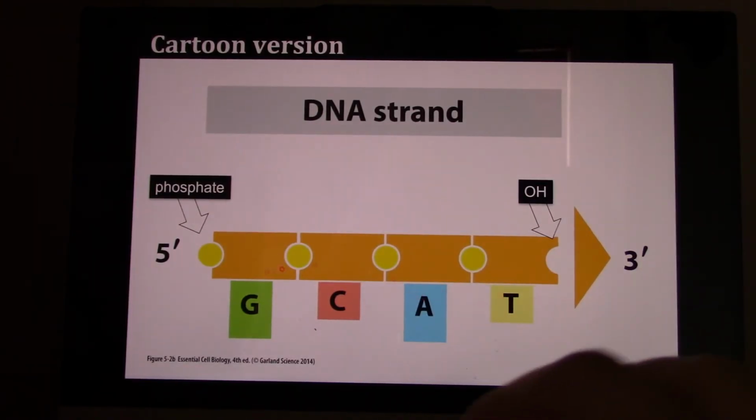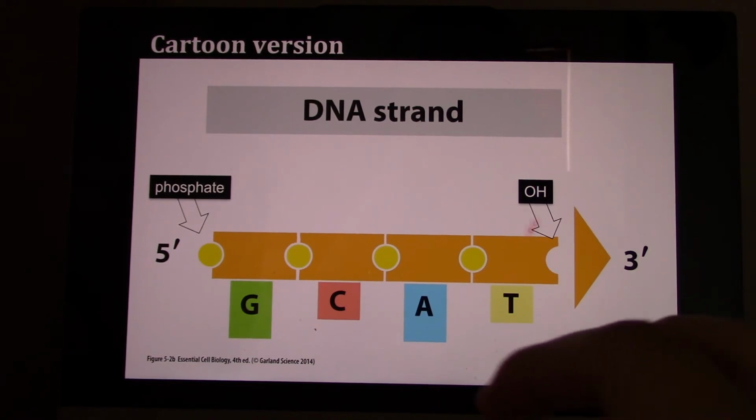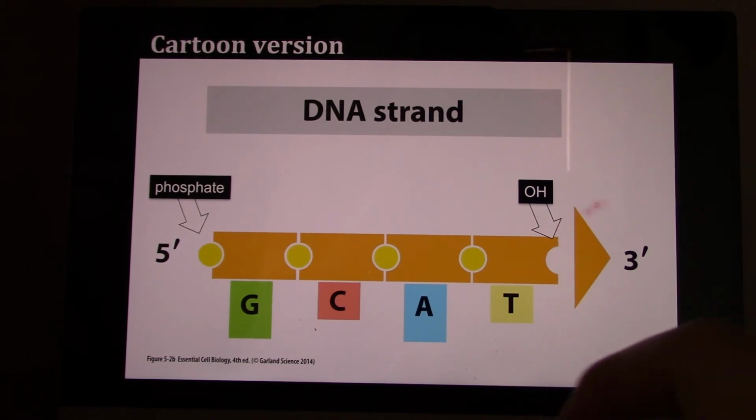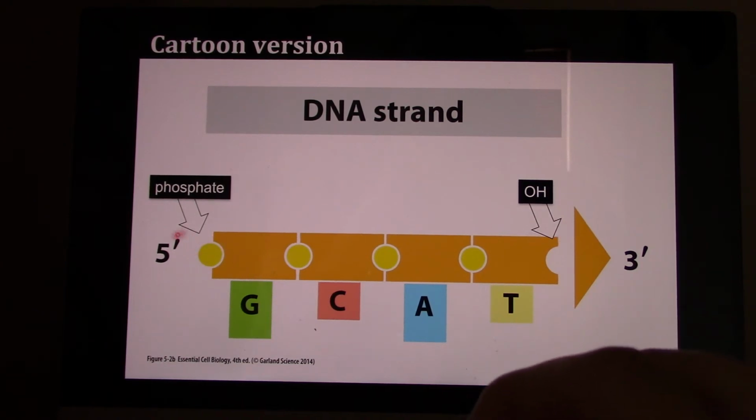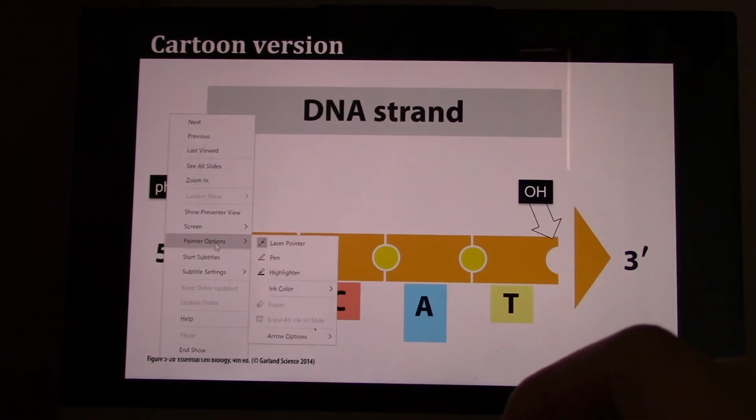The DNA is only going to be made in the 5' to 3' direction. That means there always has to be a 3' hydroxyl present in order to add the next nucleotide on. The phosphate is the chemical difference at the 5' end. So this can be called directionality or polarity.